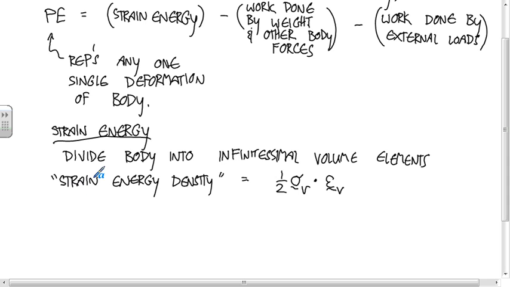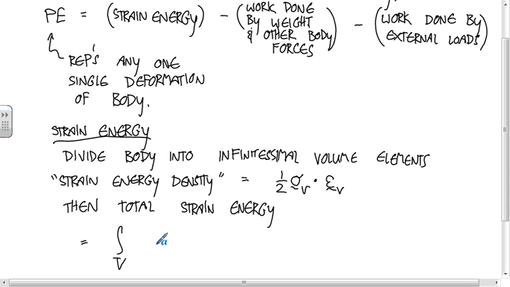And so if that is for one of those elements, then the total strain energy is the integral over the entire volume of the object of 1/2 Voigt stress dotted with Voigt strain dV.